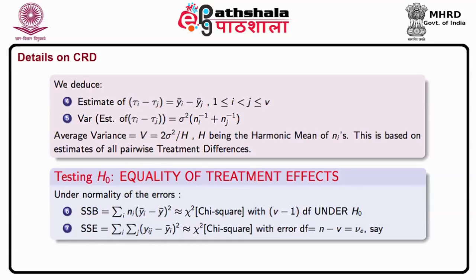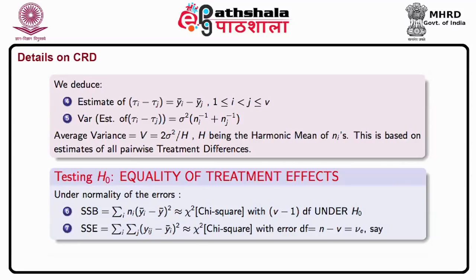So we are going for testing H naught, which is equality of treatment effects. Now, under normality of the errors, SSB is equal to summation i, n i into y i bar minus y bar whole square, which is chi-square with v minus 1 degrees of freedom under H naught.